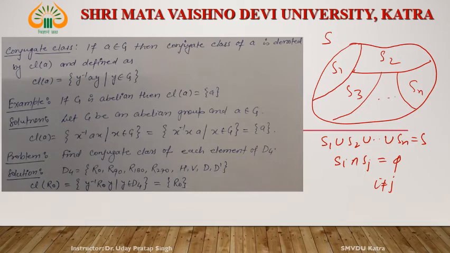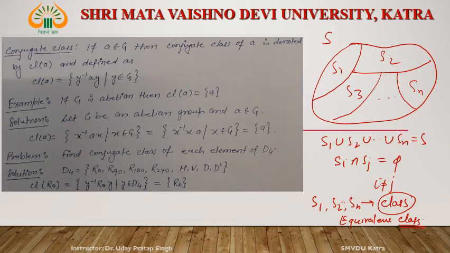Then what are S1, S2, Sn? These are the classes, known as equivalence classes. Or this class can be associated with the name of the equivalence relation. For example, our relation is the conjugate relation.